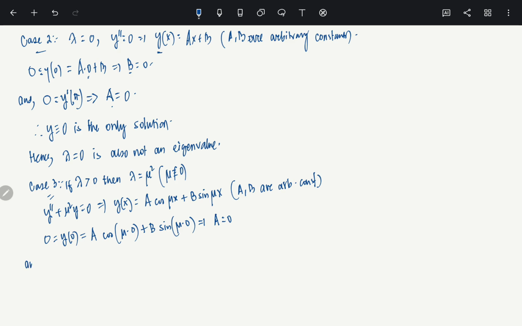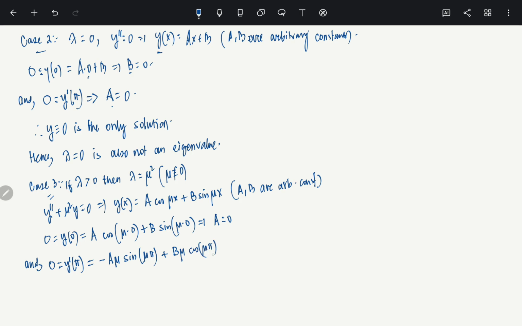Now let's just hope b is not 0. We also have 0 equals y prime of pi. What is y prime of pi? Taking the derivative, it is minus a mu times sine mu pi, plus b mu times cosine mu pi.